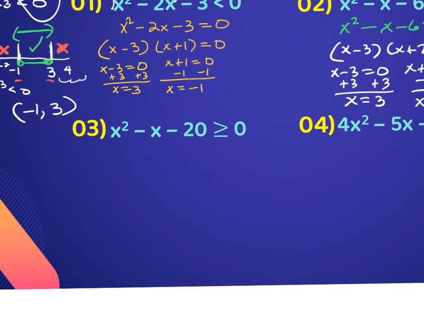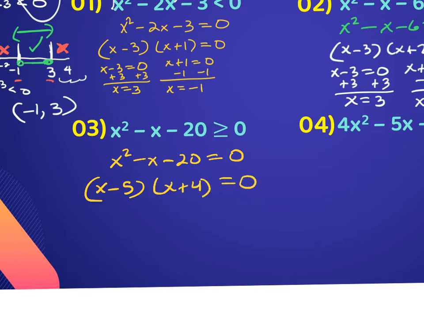So again, what we're doing here is making sure that the 0 is all by itself. It is. Change it to an equal sign. Factor. Factors of -20 that give me -1. X minus 5, x plus 4. Solve.